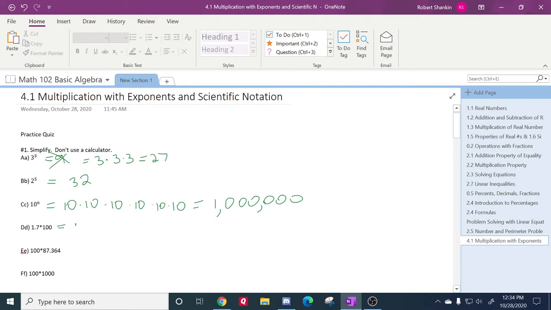When you multiply by 1 with any number of zeros, the fast way to do this is you just move the decimal point. You move it 2 places to the right, and then you have to insert another 0. So it's 170. The same thing here, you just move the decimal place 2 places to the right. Oops, it's 8736.4.